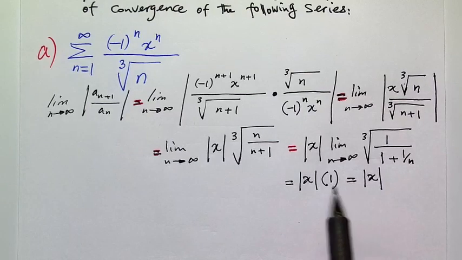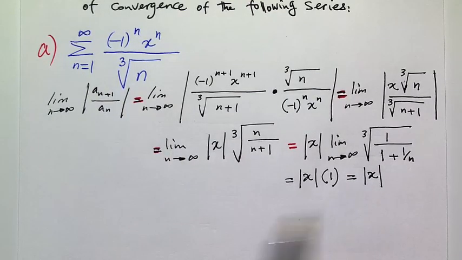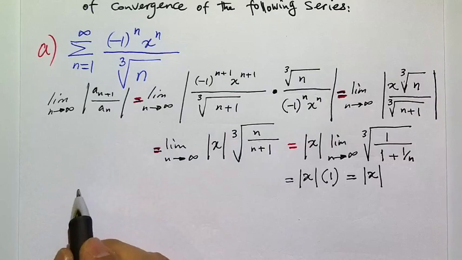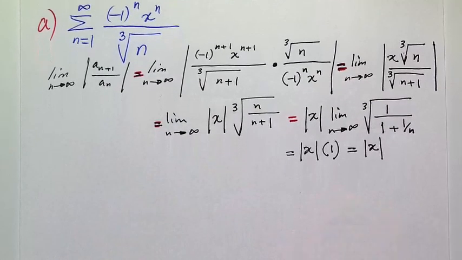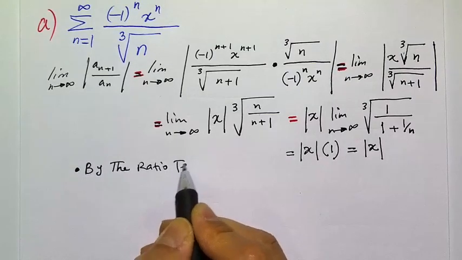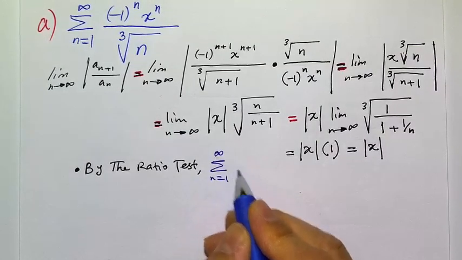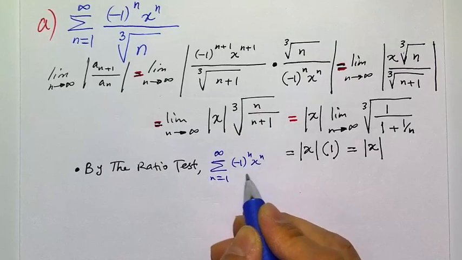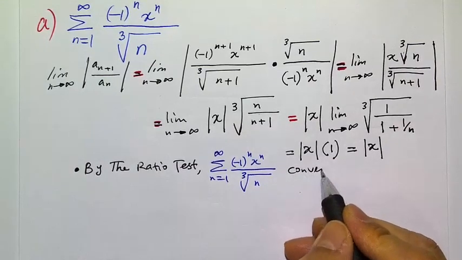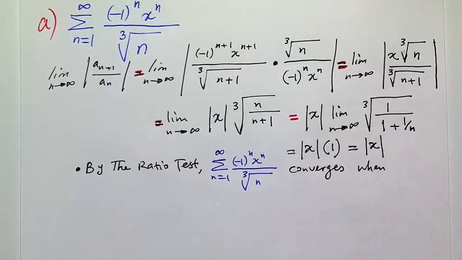Okay, so what we've determined using the ratio test is that this series converges for this value being, of course, because it's the absolute value of x, if it's less than 1 by the ratio test, so let me add that here, by the ratio test, this series that we started with converges when the absolute value of x is less than 1.